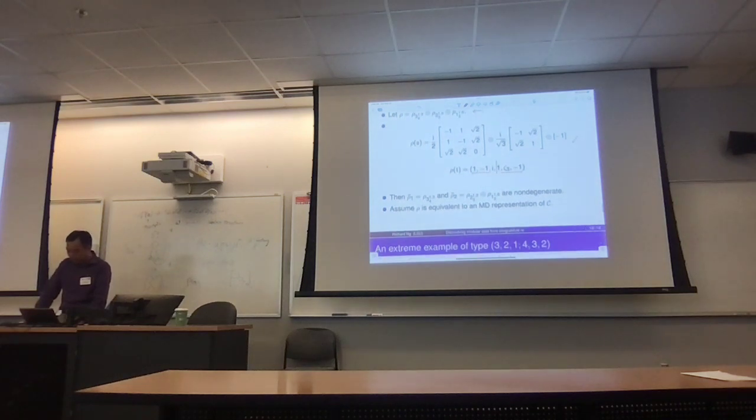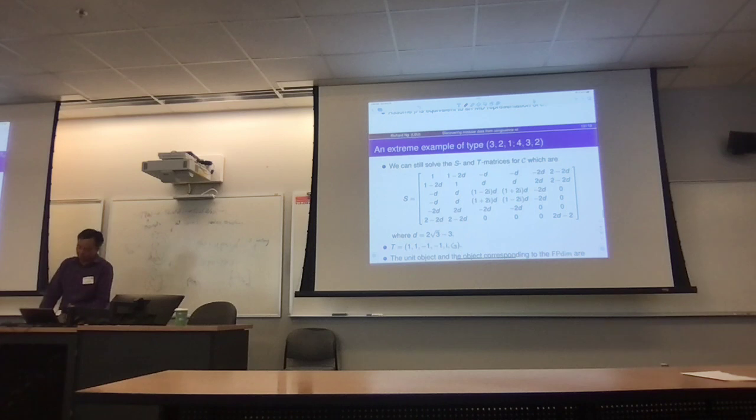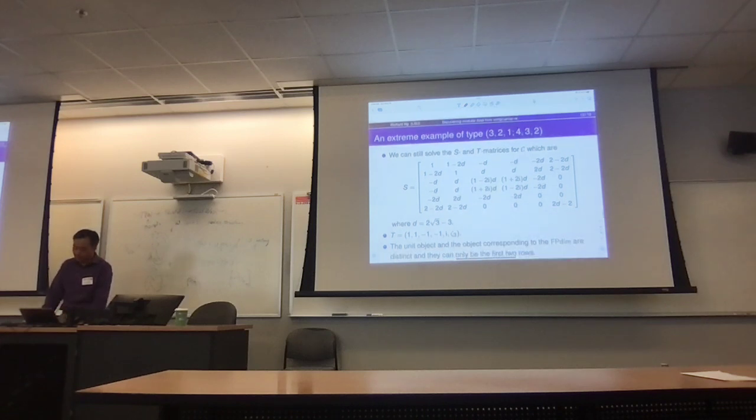So both of them are non-degenerate. You can put it into one, negative 1, the other one is like 1/3 root and negative 1. Both of them are non-degenerate. So I can solve it. In fact, you can see it's pretty precise. I can write down the solution. What is d? d is like 2 times the cube root, square root of 3 minus 3.